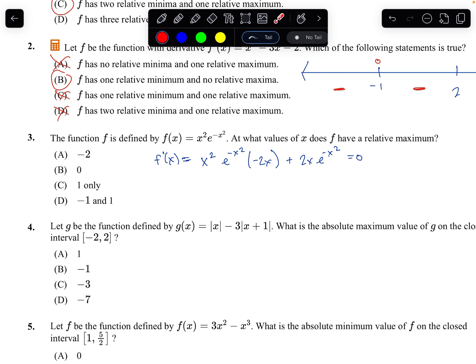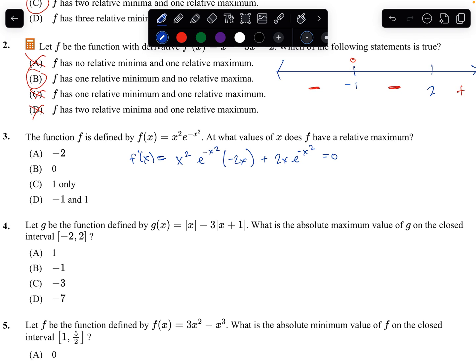Now, it's very common that if I have e to the x squared and I'm setting it equal to 0, we just factor these out because they'll never be equal to 0 a lot of the times. And that's going to be the case for e to the negative x squared. So you can factor out e to the negative x squared. Again, there is no value of x that's going to make that equal to 0.